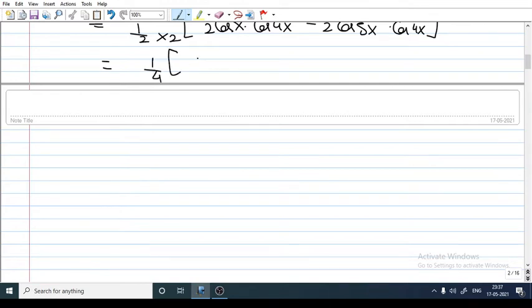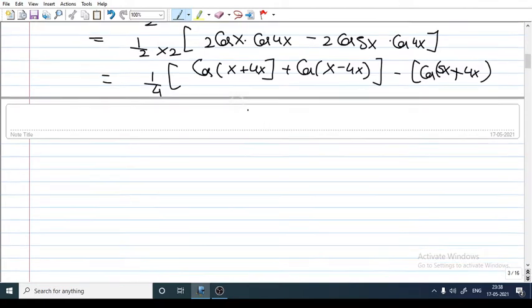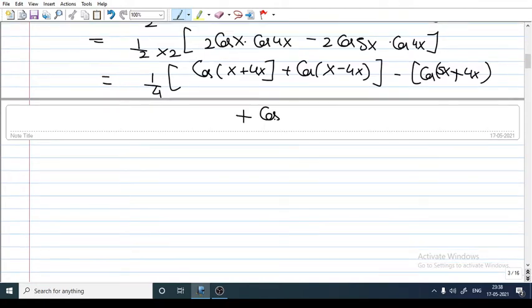Here we will apply 2 cos a cos b is cos a plus b, which is x plus 4x, plus cos a minus b, which is x minus 4x, the whole bracket close, minus cos 5x plus 4x, and here we will write plus cos 5x minus 4x.